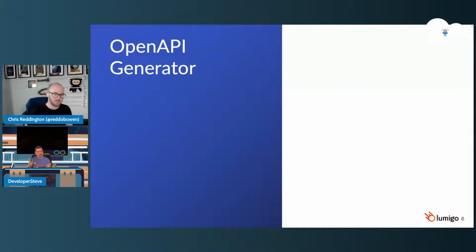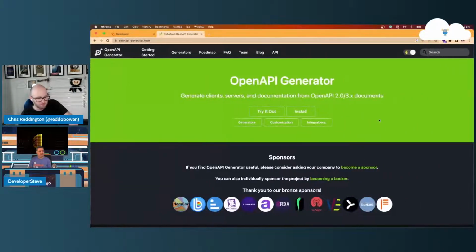Which is actually where I found what I'm going to talk a bit about today, which is the OpenAPI Generator community. Wait, I'm going to switch screens. There they go. This community is amazing, and I started using it back in the Swagger 2 days when that was the latest and greatest thing. Now of course it's all OpenAPI Generator.